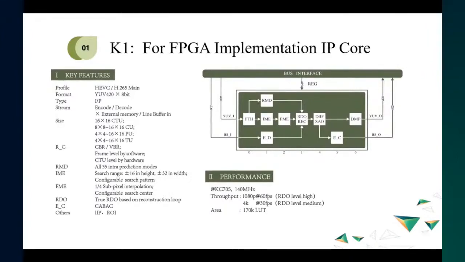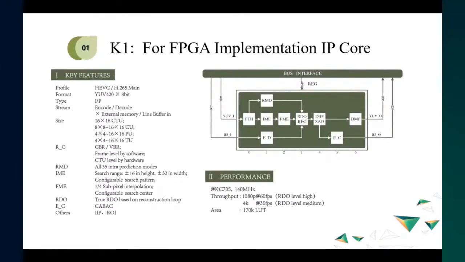And for the performance, in FPGA implementations the frequency cannot be very high. So in FPGA we just achieved 140 megahertz frequency. But we also support 4K at 13 fps with RDO level medium.